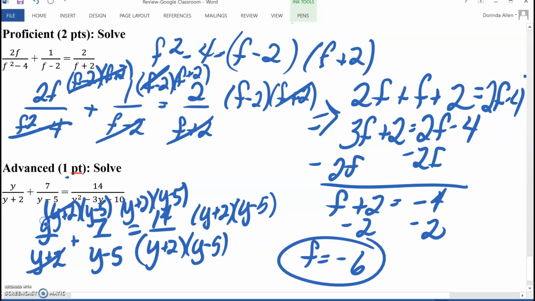So these will cancel. y times that gives me y squared minus 5y. This will cancel. Plus 7. This will cancel, equals 14.